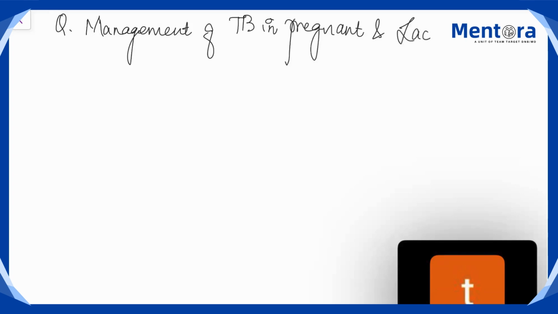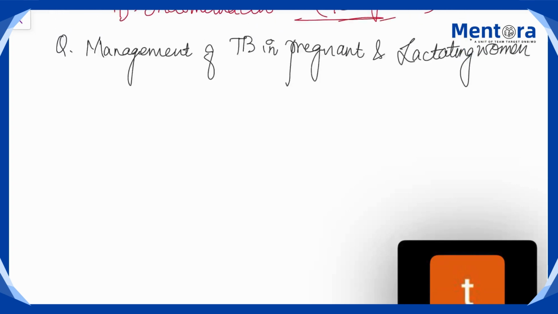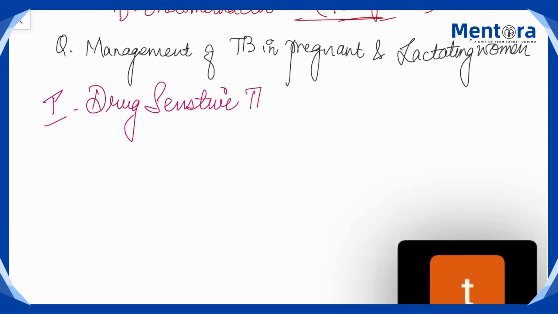Lactating women. As we all know, we have drug-resistant tuberculosis and drug-sensitive tuberculosis. So, important points we'll highlight. First, for drug-sensitive tuberculosis, as we all know, the entire 4-drug regimen is safer.